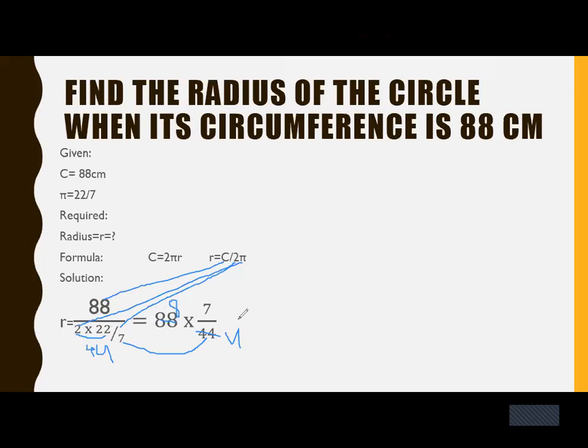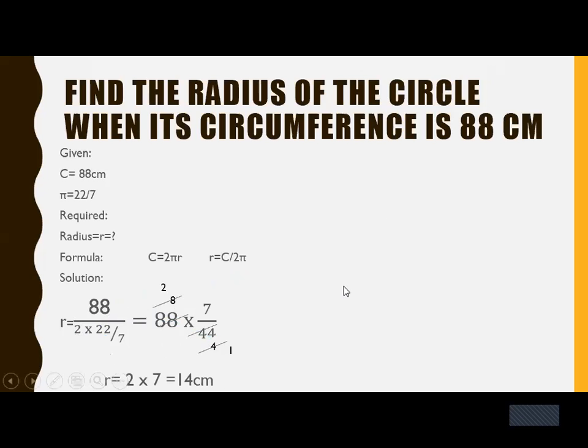Can we simplify it more? Yes, 4 ones are 4, 4 twos are 8. So we get 7 twos are 14 centimeters. When the circumference is in centimeters, we get the answer also in centimeters.